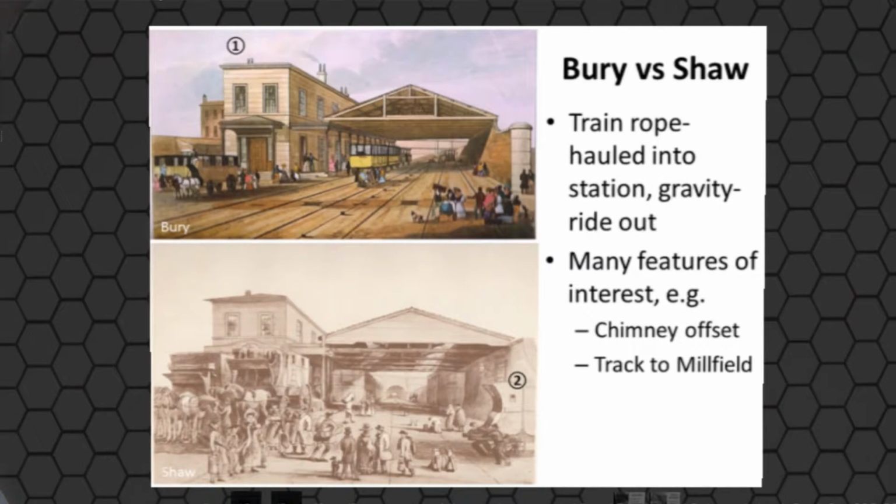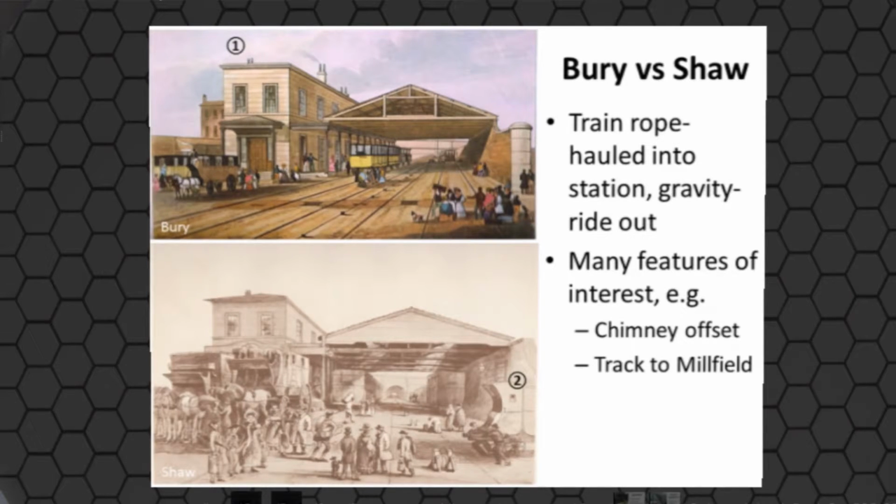A couple of guys gave them a strong push and the train ran by gravity down to the next station at Edge Hill. The trains, by contrast, had to be rope hauled into the station using steam engines, which were actually located at the next station. And there are lots of small interesting points that you can derive from examining these paintings.